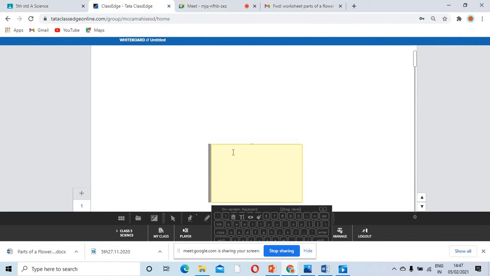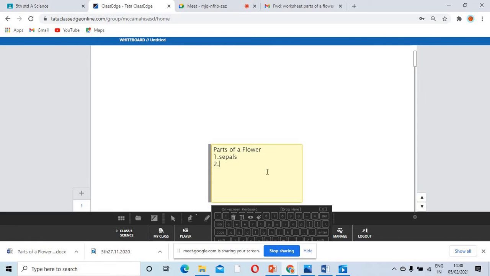Okay, so what we are going to learn today is parts of a flower. And we are going to learn its parts. The first part is going to be about the sepals, and I will explain it to you in detail. Just see what is on the whiteboard.